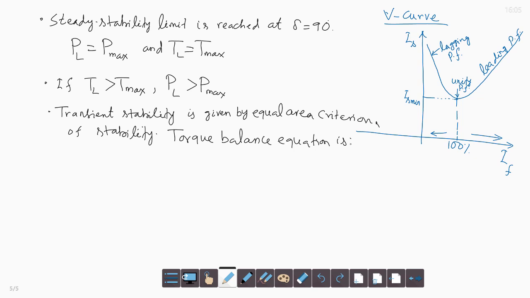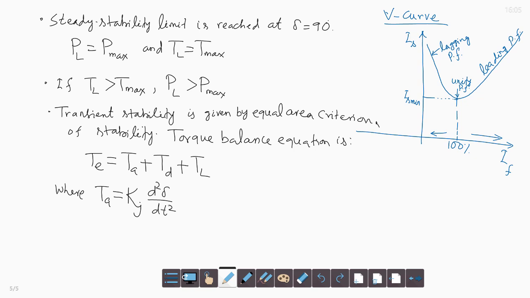In transient condition, the torque balance equation is given by: electromagnetic torque developed by the machine equals accelerating torque plus damping torque plus load torque. T A is the accelerating torque, which is given by coefficient K j into d square delta by dt square.